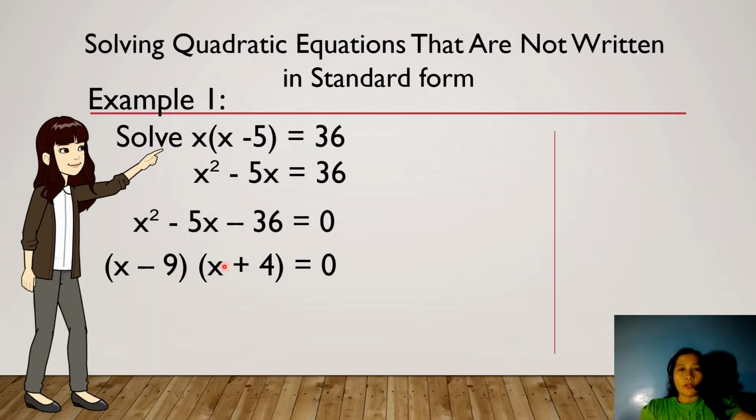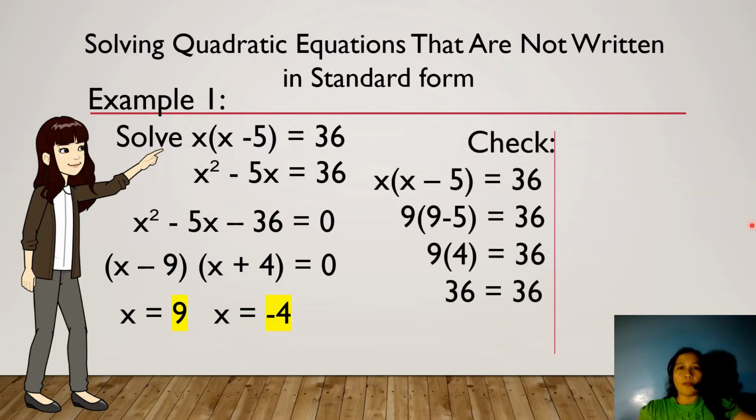The factors are the quantity of x minus 9 times the quantity of x plus 4 is equal to 0. Then, let us get the value of x. x is equal to 9, and the other one is x is equal to negative 4. So, those are the solutions.